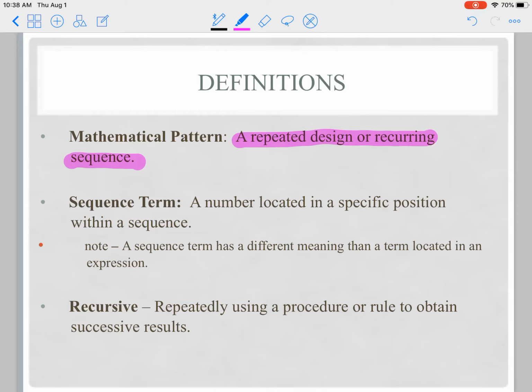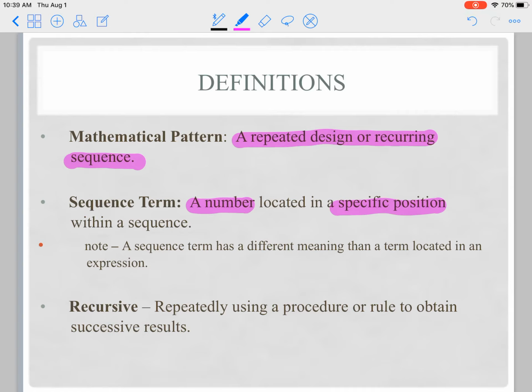Within that, there's a sequence term, and that sequence term is a number that's in a specific position within that sequence. Now, I know we talked about terms when we talked about expressions earlier in the semester, but this is a different type of term. It's nothing more than a number that's in a specific location.